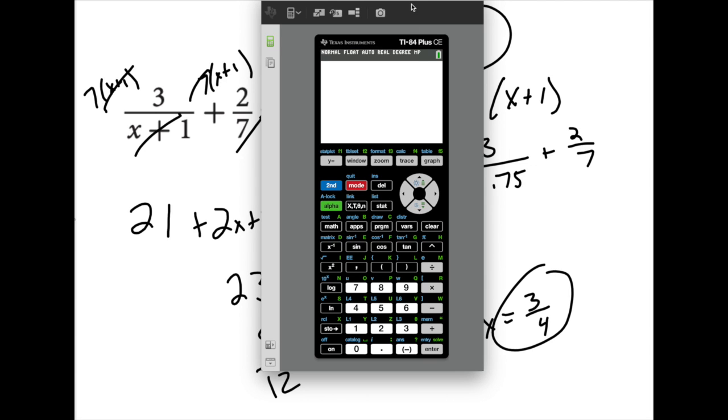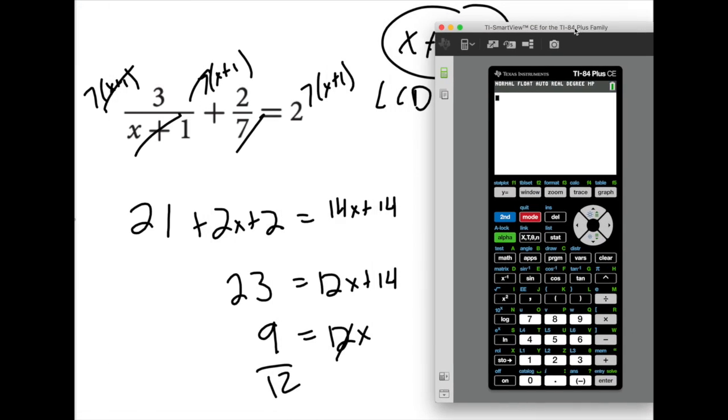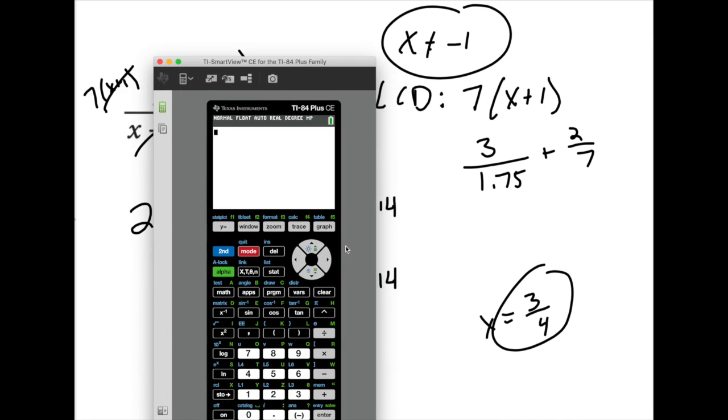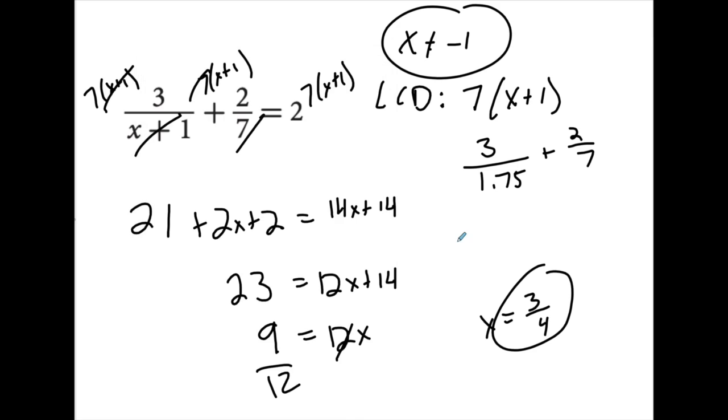Folks, if you don't believe me, take a look for yourself. Ready? So, 3 divided by 1.75 plus 2 over 7 equals 2. Okay.